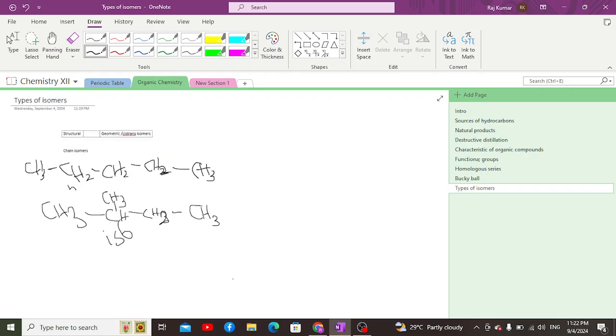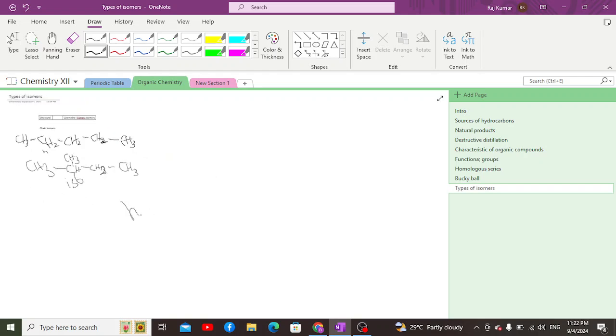On the other side, there is another type of pentane, neopentane. Isopentane is branched, n-pentane is straight chained, and neopentane has a structure in which the carbon atoms are arranged in a tetrahedral shape.